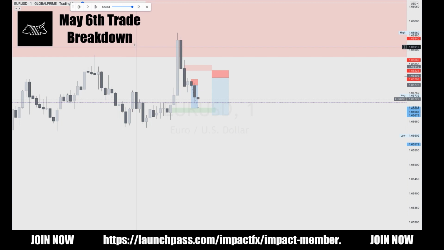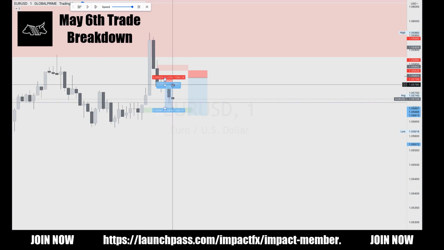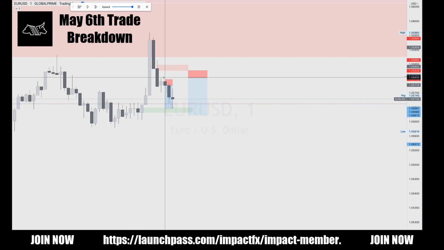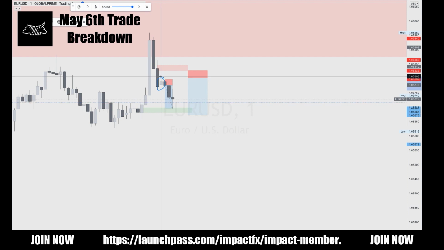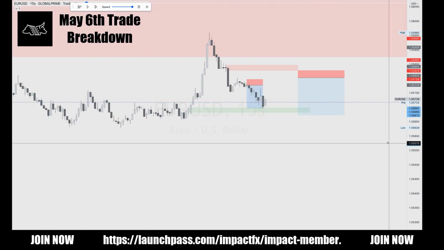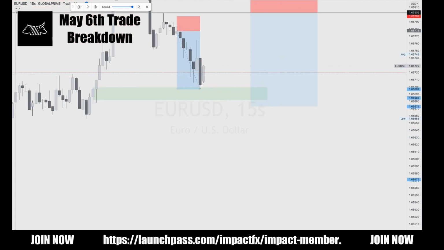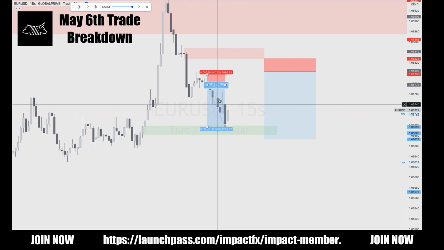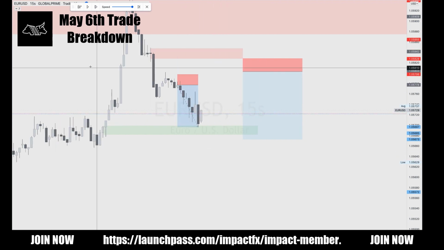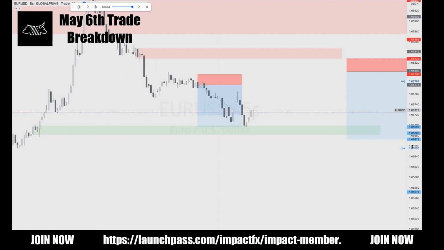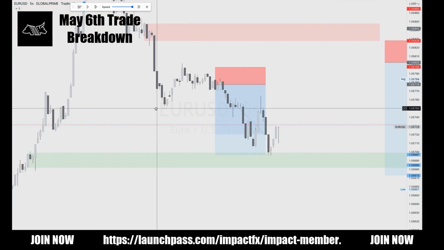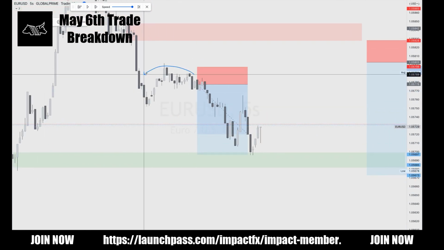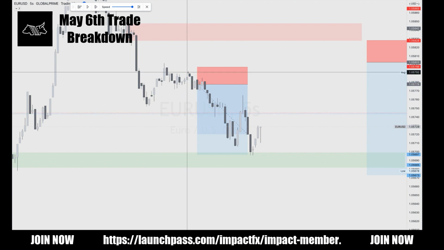So all I simply did is I saw price on the 1 minute create an order block off of this demand, and I wanted to see if I could get into a trade. Now, because I look at price from a smaller time frame, I needed to drop to the 5-second to get my confirmation for a sell. On the 5-second chart, we start to see that we are creating a distribution pattern.